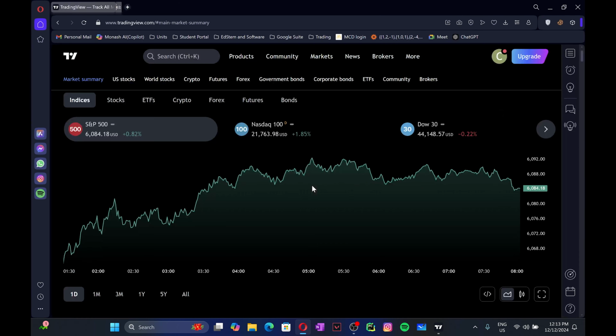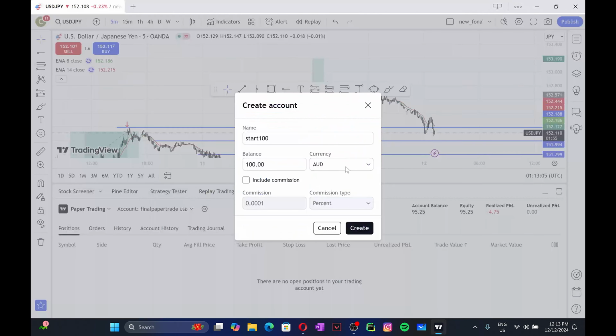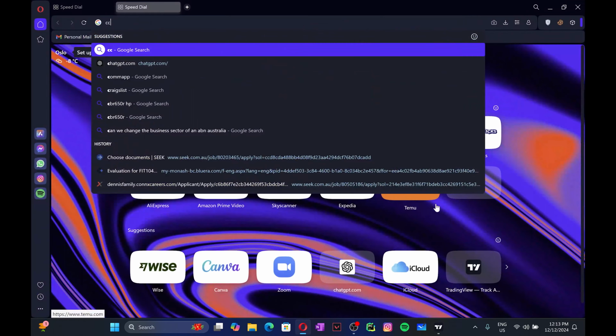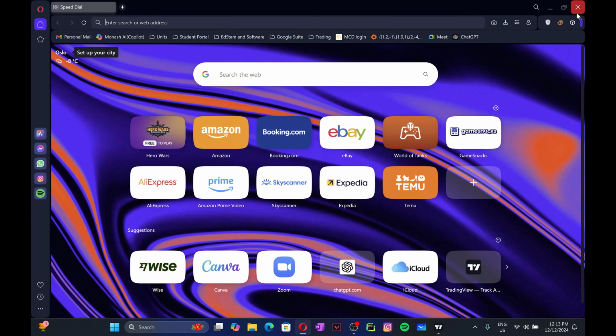I got no clue how much it takes, but I'm gonna leave the commission for now. I wouldn't worry about that. I would put it into a picture when ChatGPT starts working, which it is not.